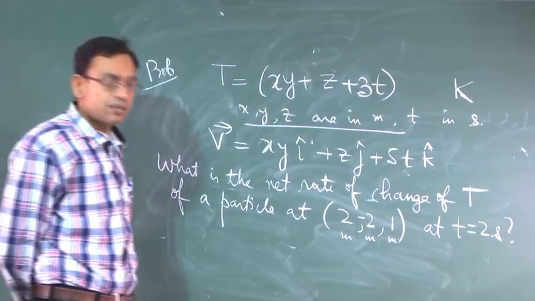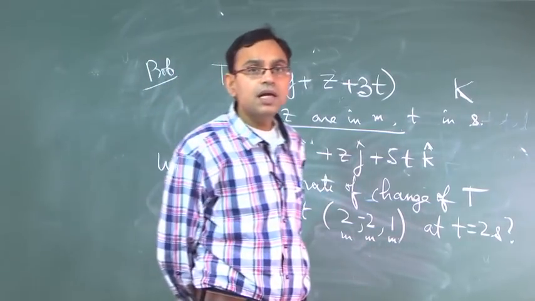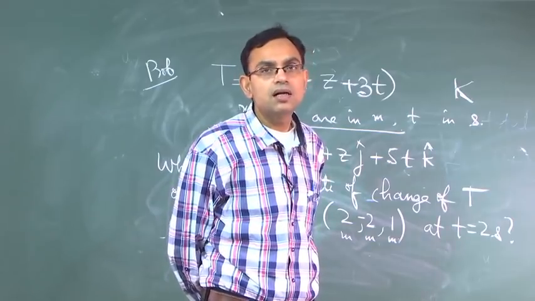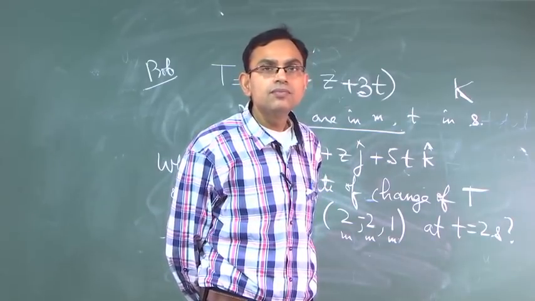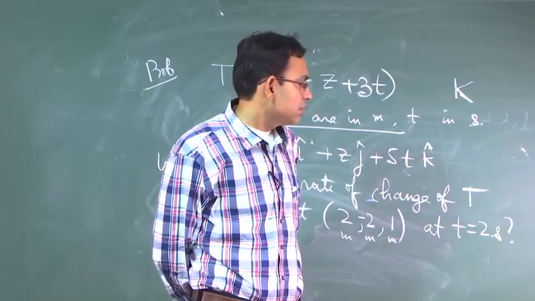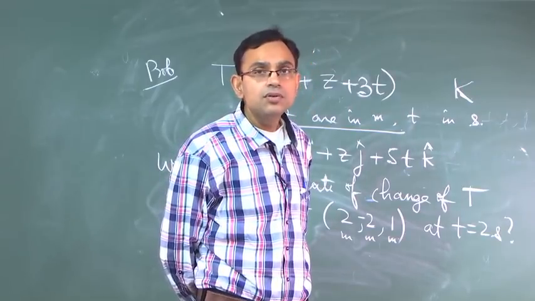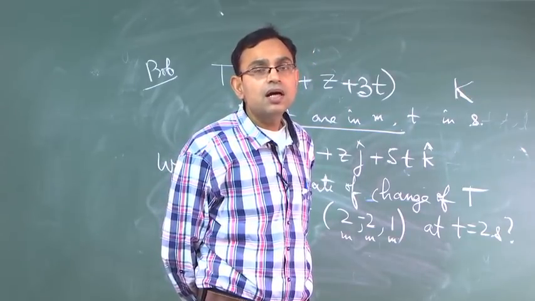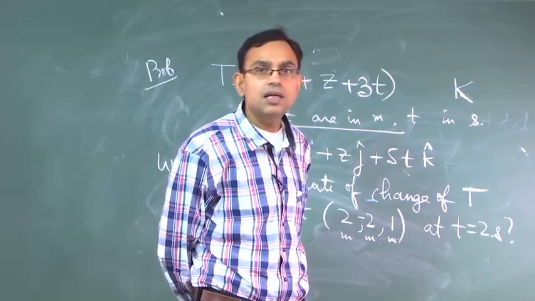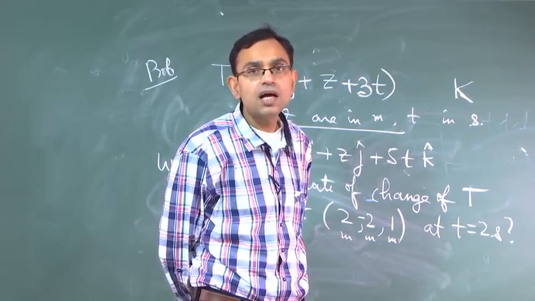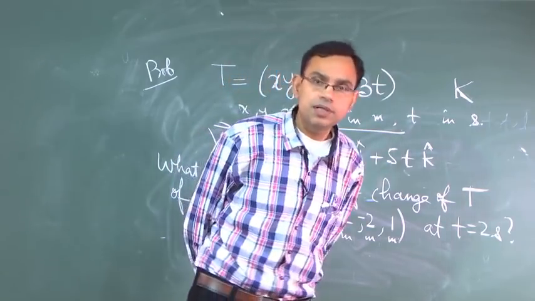So, physically what is the problem? Physically, there is a flow field and there is a particle which is experiencing a temperature as a function of position and time. So, what is the total rate of change of temperature?